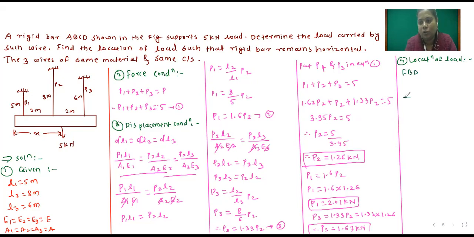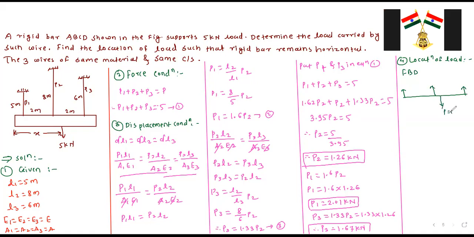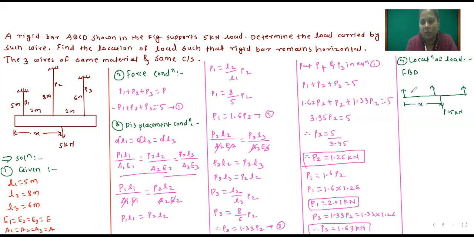This is the total span. Here one rod is attached, here the second rod, and here the third rod, and suppose this is the P load of 5 kilonewton. We have to find this X distance. This distance is 2 meter and this is 2 meter. This is P1, this is P2, and this is P3. Suppose this is point A, this is B, and this is C.